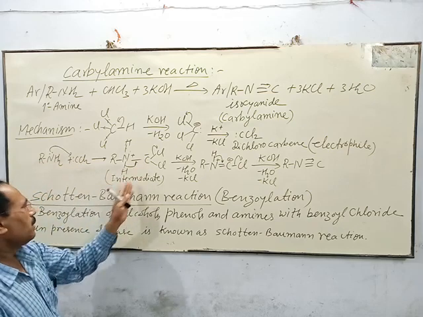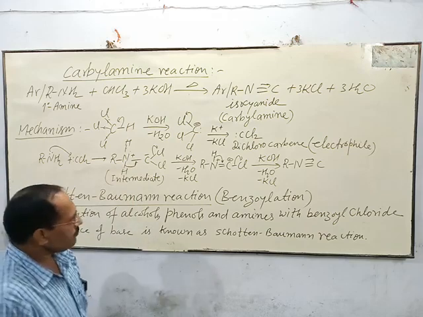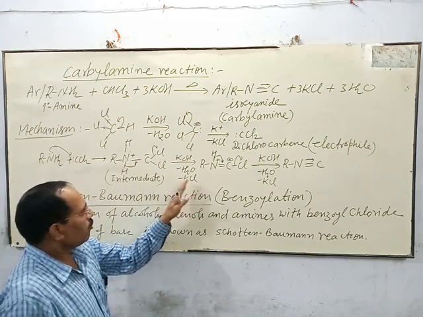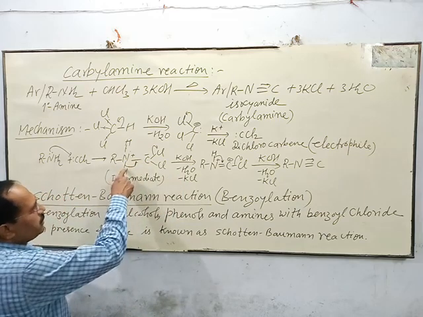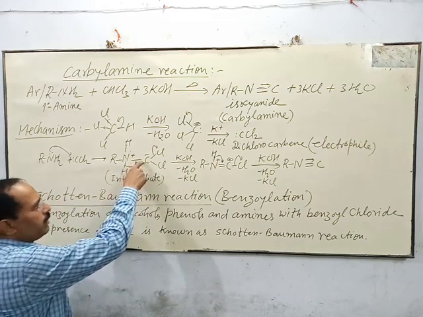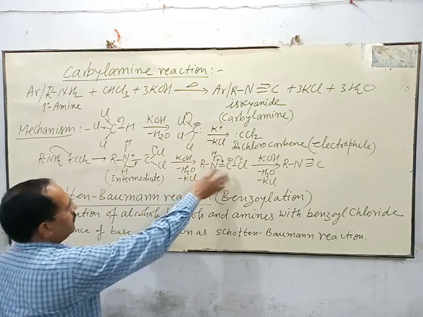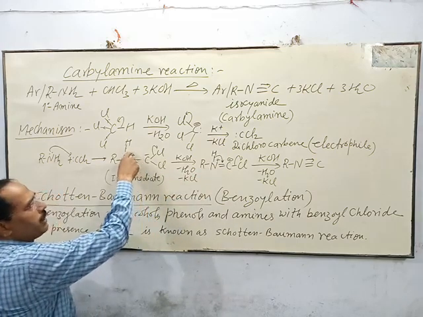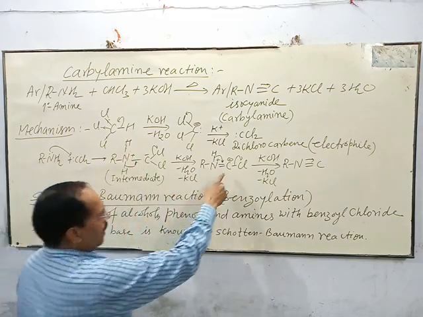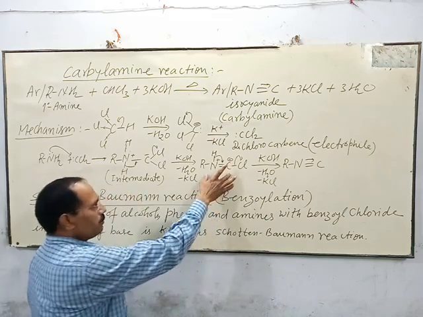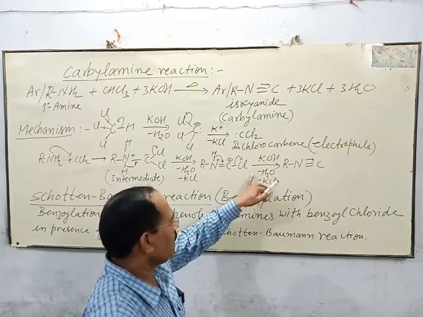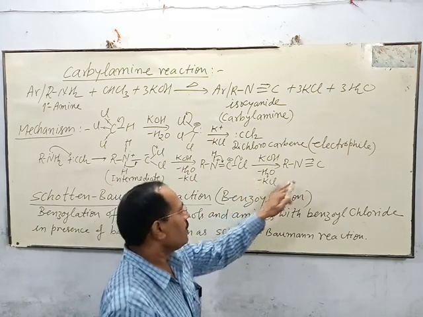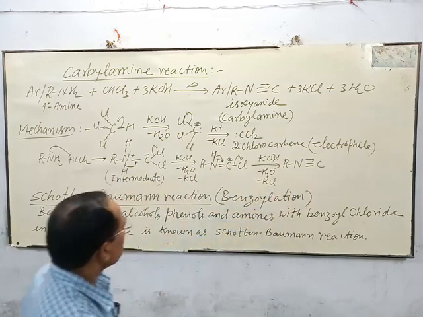An intermediate is formed which loses one molecule of HCl. This bond becomes a double bond, and the positive charge remains on the nitrogen atom. This other species is formed, which again reacts with KOH with the liberation of water and KCl, and isocyanide is formed.